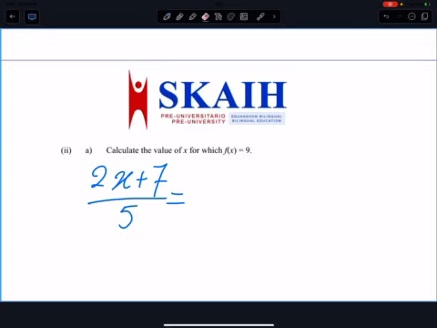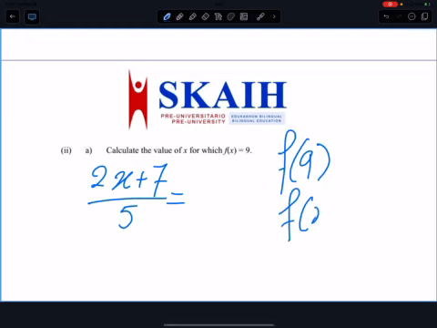So Fx equals 9. Do not get confused by these two. These two are not the same. F9 is not Fx equals 9. F9 means x is 9. Fx equals 9 means y is 9.